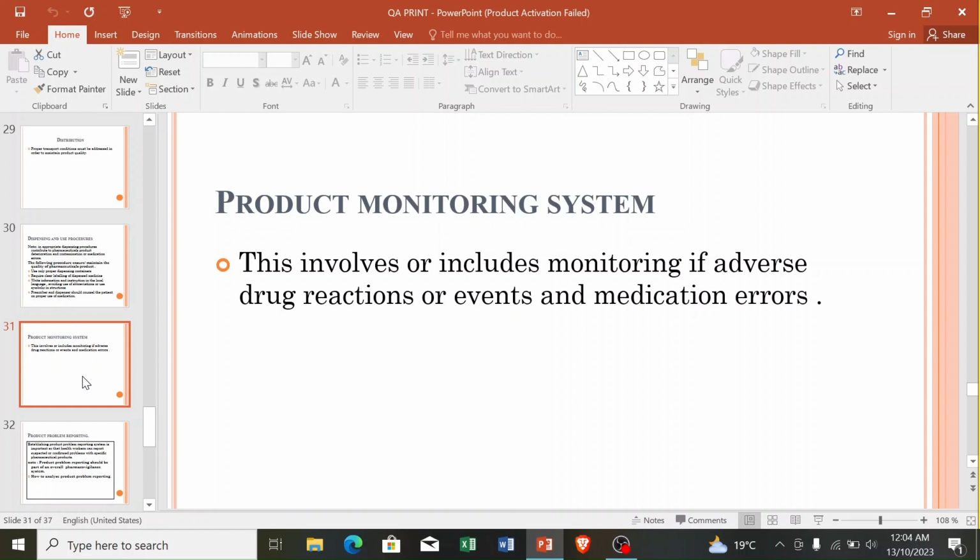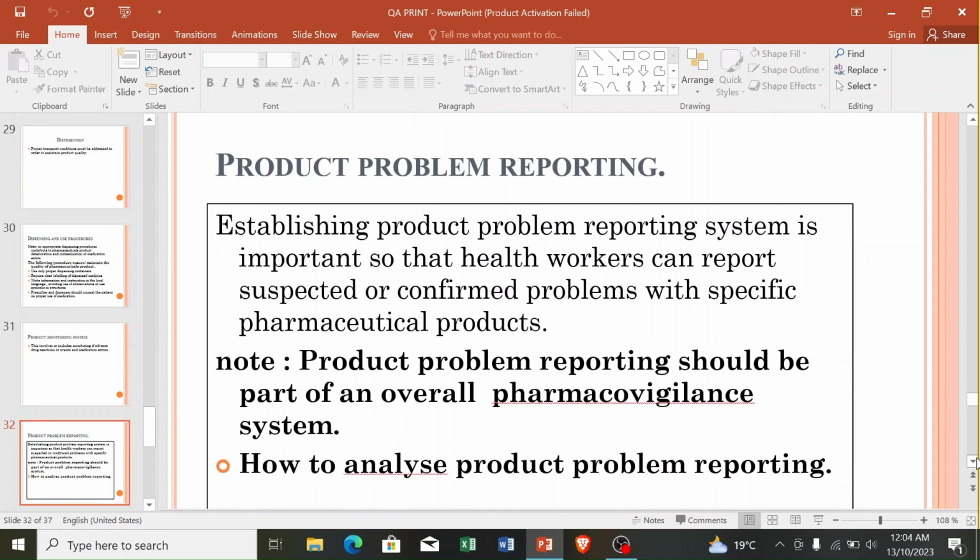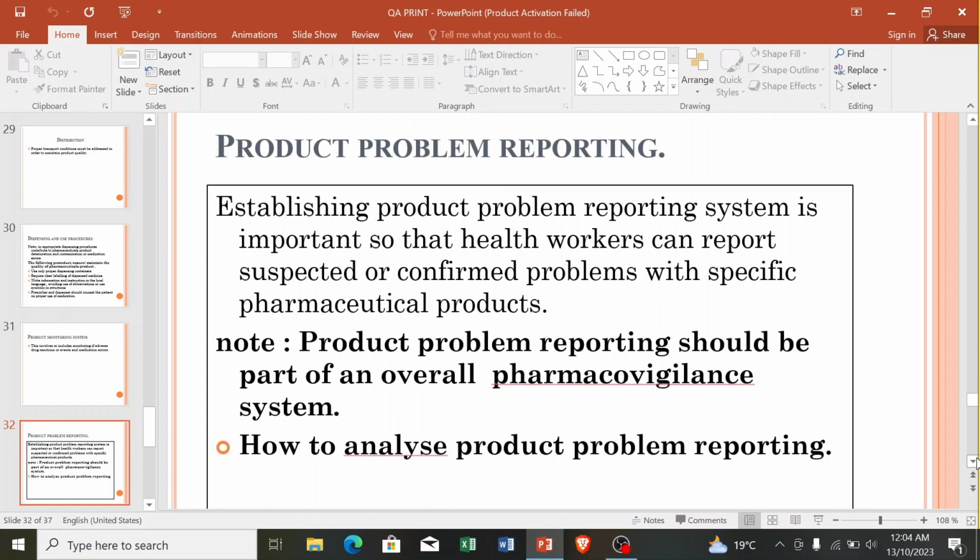And if they are complying with the dosage and the instructions, you also look at whether there are any adverse drug reactions. So that brings us to product monitoring. This includes monitoring of adverse drug reactions or events and medication errors. So for product problem reporting, in case there are problems that have come up in the process of monitoring, there is need for you to report them.